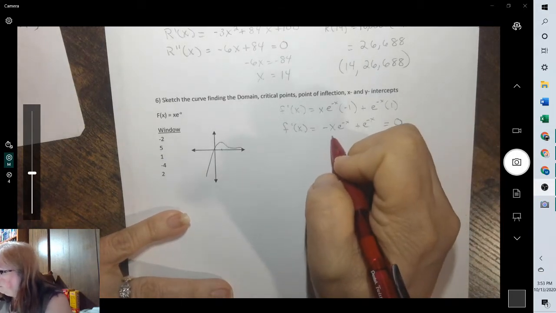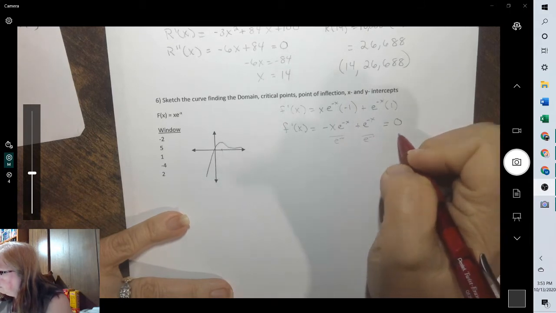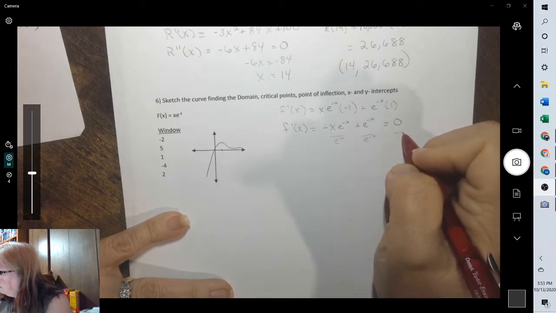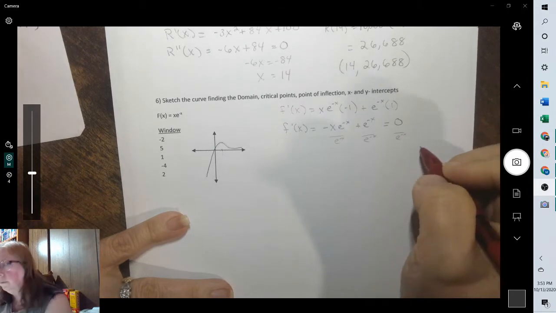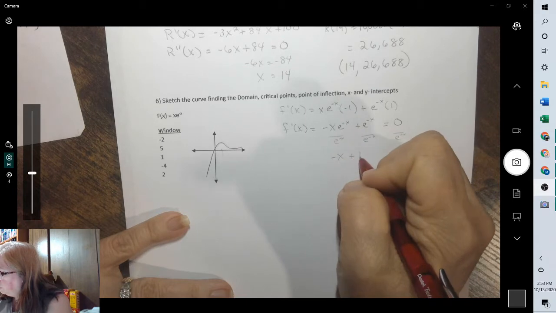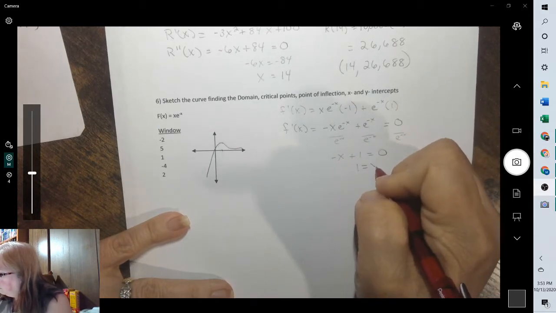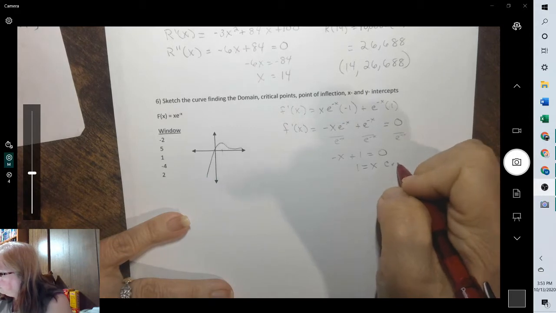You could divide by e to the negative x, because e to the negative x will never equal 0. And we get a negative x plus 1 equals 0. Bring the x over. This is a critical number.